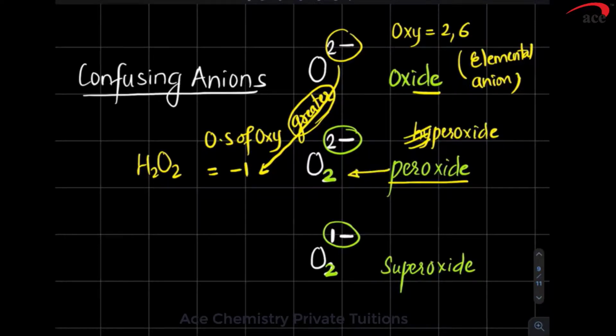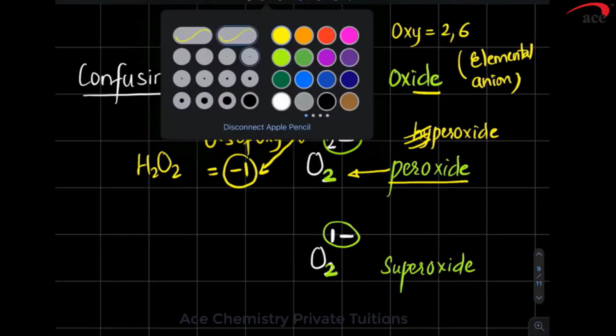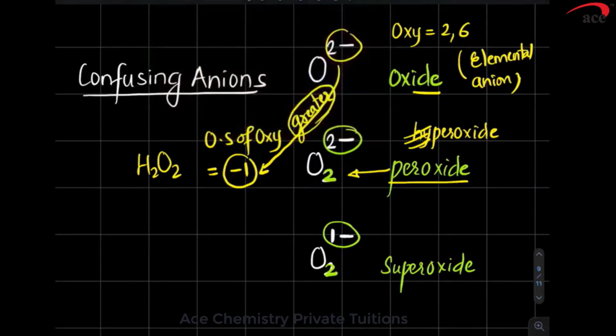And therefore, this anion got the name peroxide. Why did it get the name peroxide? Yes, you are correct. It has higher oxidation state than oxide. Oxide is minus 2. This is minus 1. Now, this is seen in the compound potassium superoxide. What is the oxidation state of oxygen? If you calculate, 2 oxygen has a charge of minus 1.